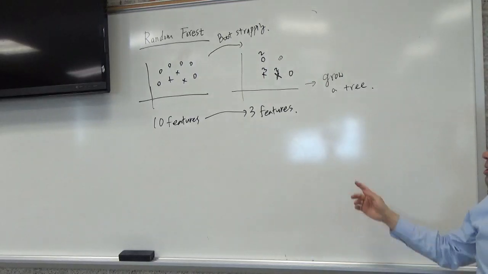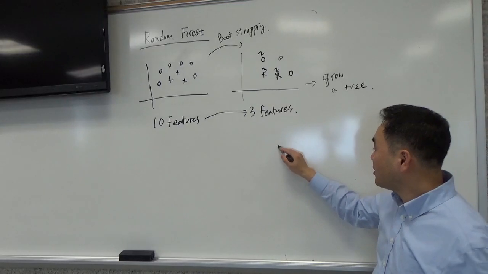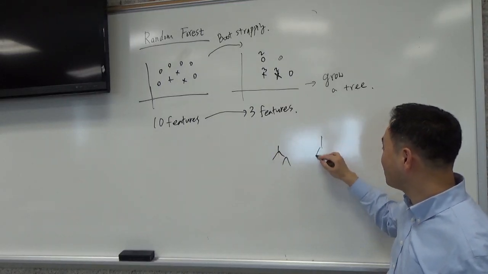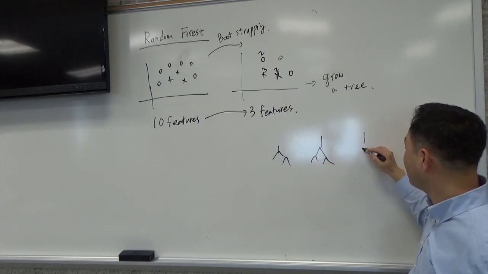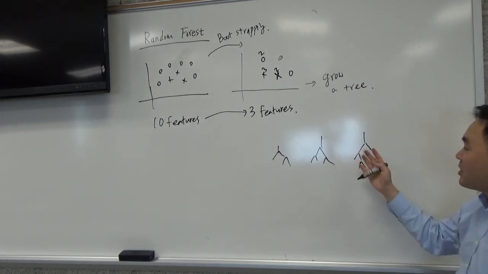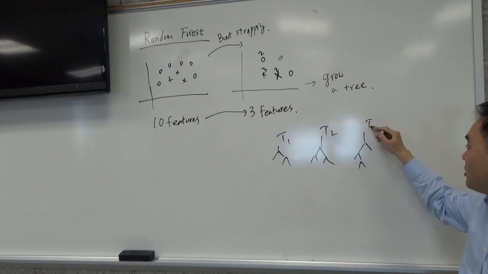You keep doing that. Then you have a tree here. Our trees are upside down. So you might have a bunch of different trees, tree 1, tree 2, tree 3.